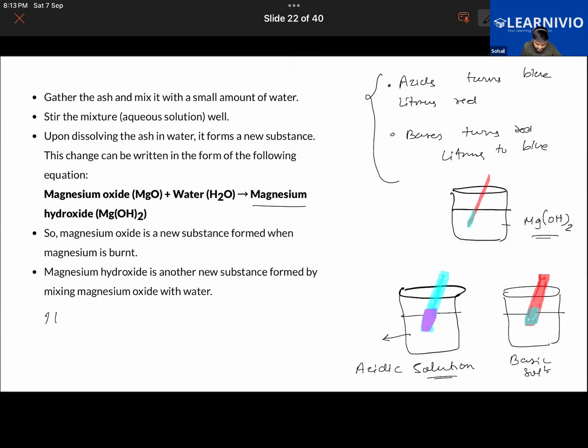So we can say that magnesium hydroxide is basic in nature. Okay, write down this thing. So this reaction here has been completed.